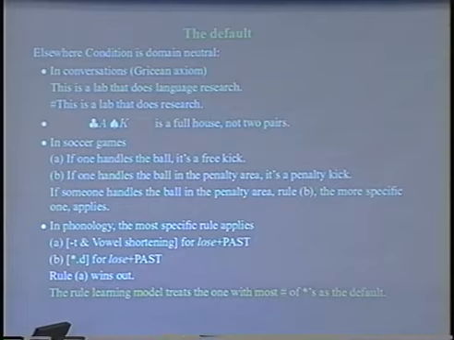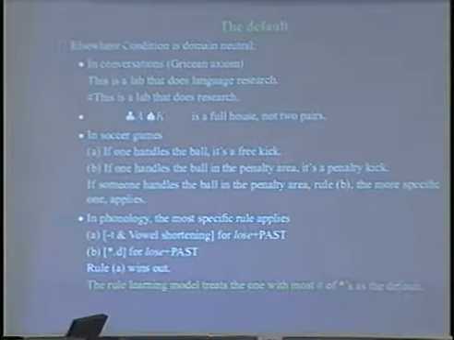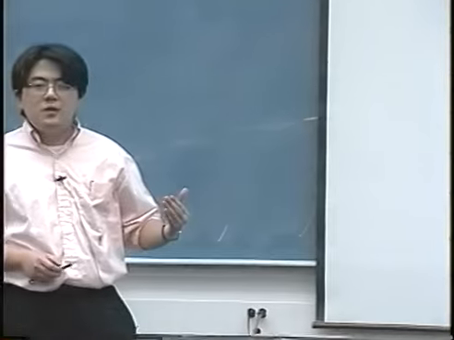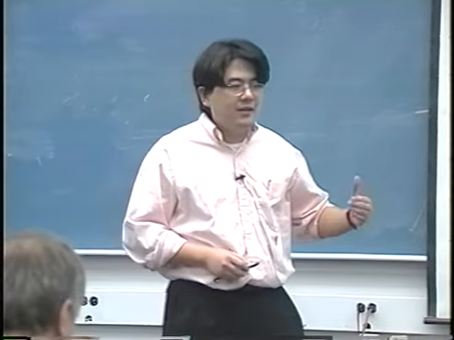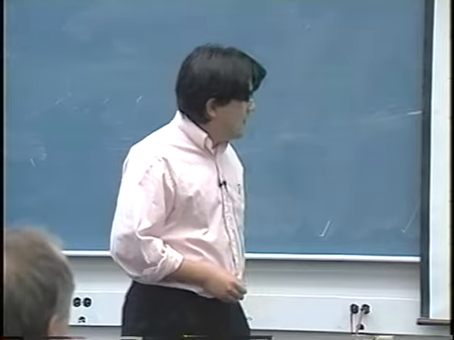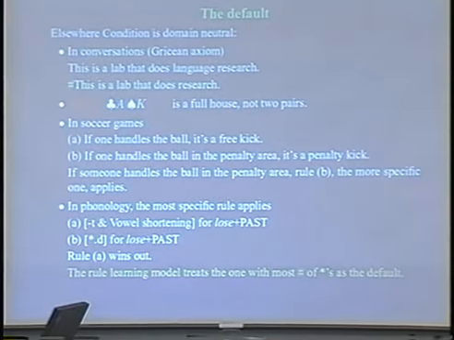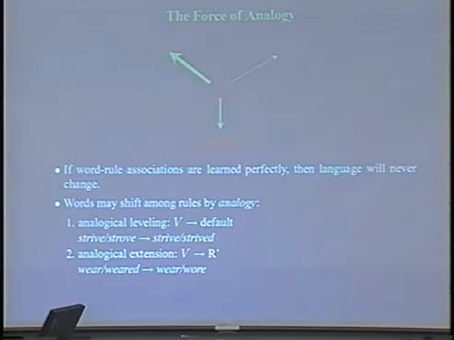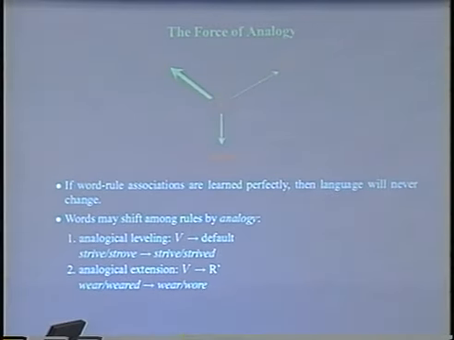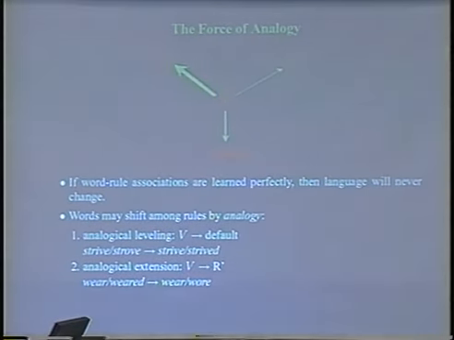So the learner doesn't have to store explicitly the default rule. You simply go down the list and see whichever fits your description, and if nothing does, then the default is going to pick it up. So there's a hierarchy, but the default doesn't have to be represented in any special fashion.